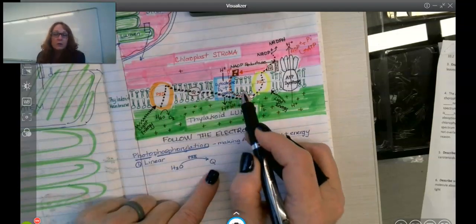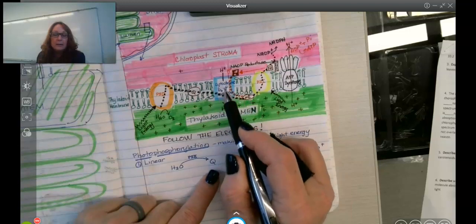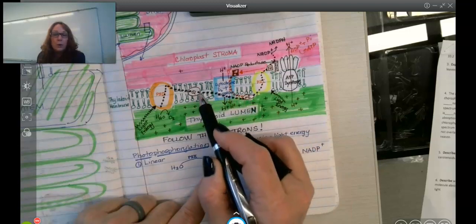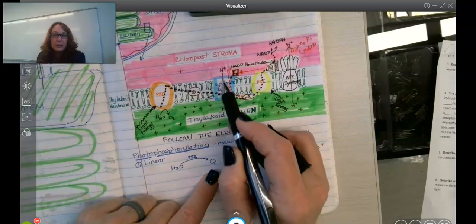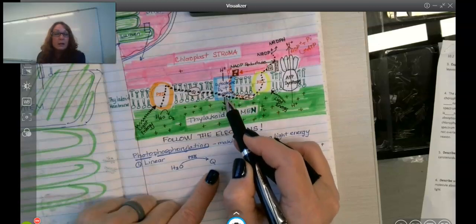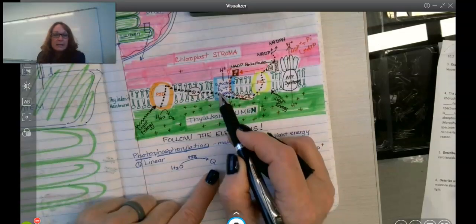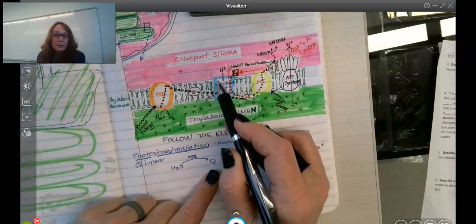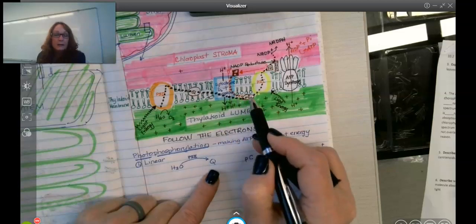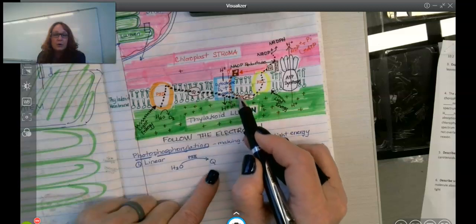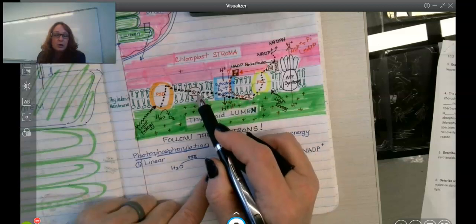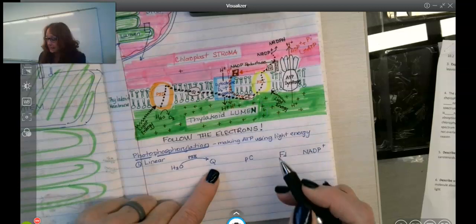And so it goes from Q to C, and as it drops in energy, that energy is collected by this proton pump on the way to C, because the electron drops in energy, because Q doesn't hold the electron as tight as C does.